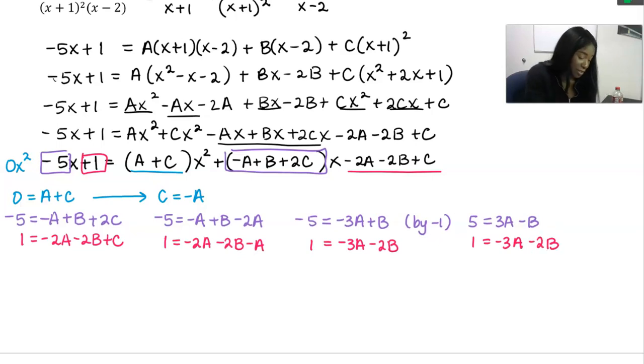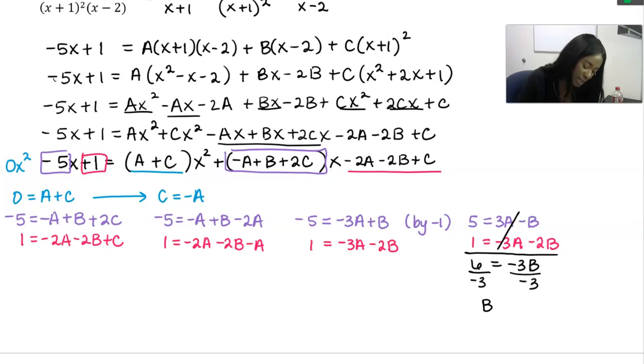And now we can add these equations. So we get 6 equals, A is eliminated at this point, and negative B minus 2B is a negative 3B. So now I can divide both sides by negative 3 to see that B is equal to negative 2.